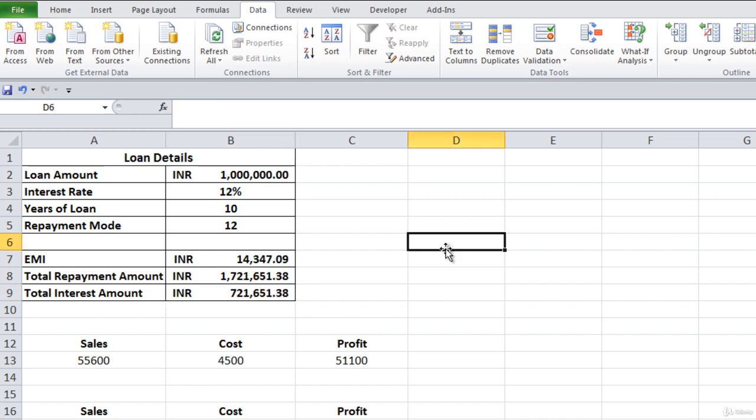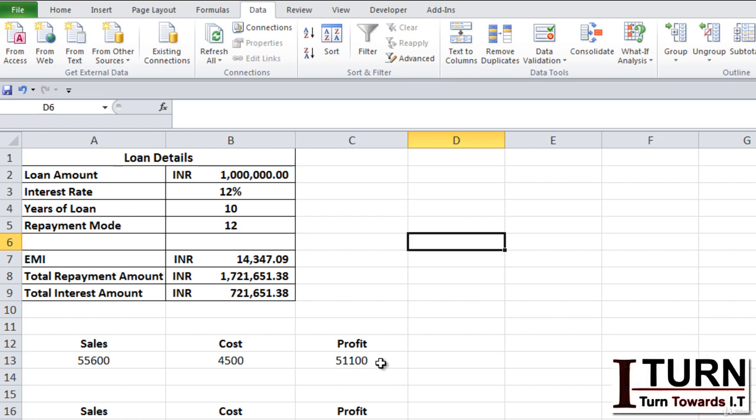One of my friends has asked me, I have applied for a loan of 10 lakh. So this is the 10 lakh, interest rate 12%, years of loan is 10 years, and repayment mode is 12. This means every month we need to make a payment, and the EMI that they are telling me is around 16,500. But here we may see that it's not 16,500, it's 14,347.